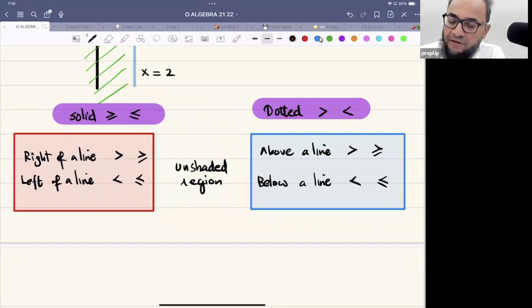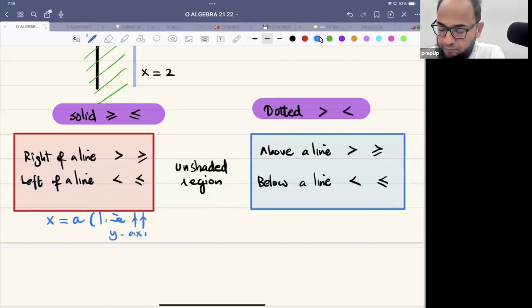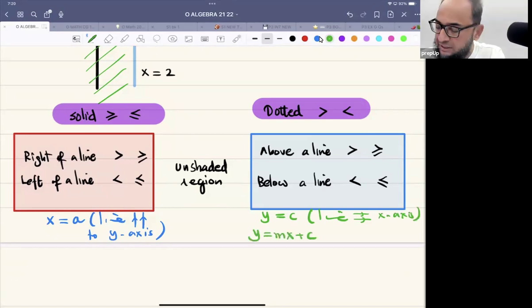Now, when we talk about right of a line, we are talking about an equation of the form x is equals to a constant, a line parallel to the y-axis. And when we talk about above and below, we are talking about a line y is equals to a constant, a line parallel to the x-axis, or a line of the form y is equals to mx plus c, that will also fall into this category.